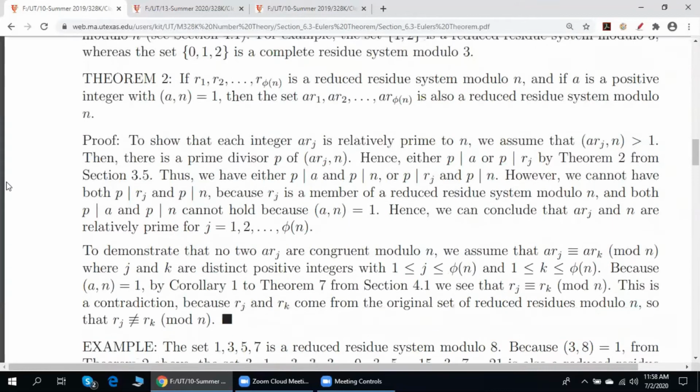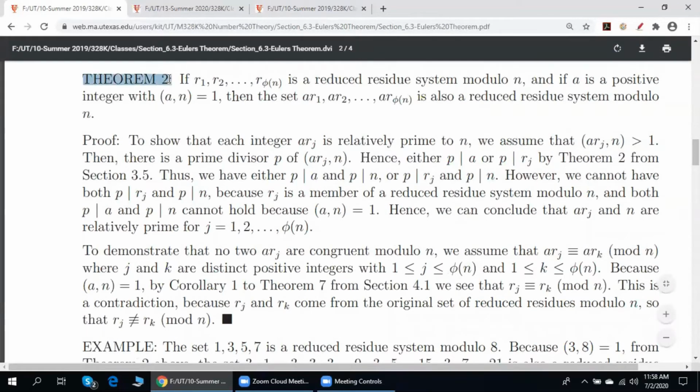Please take a look at Theorem 2. Theorem 2 says the following.